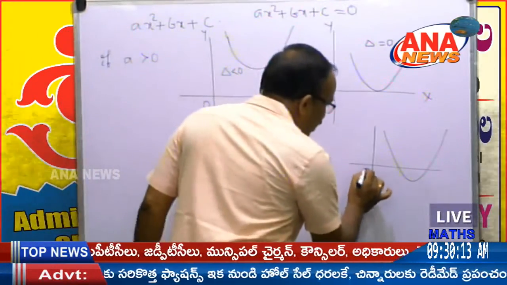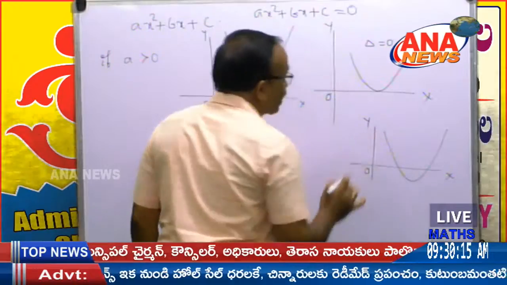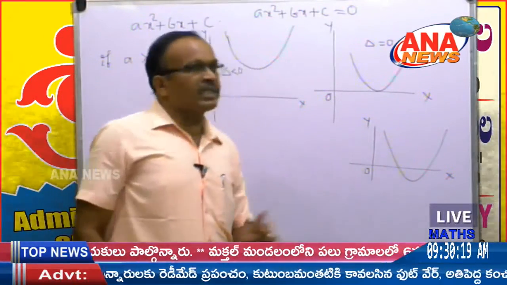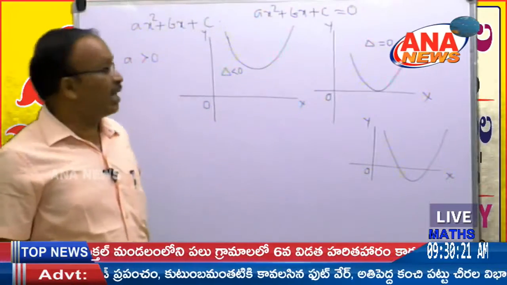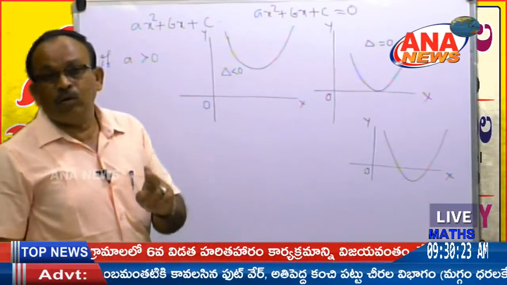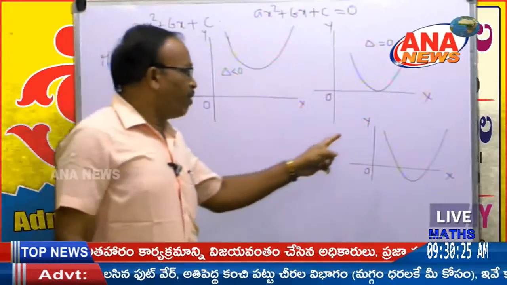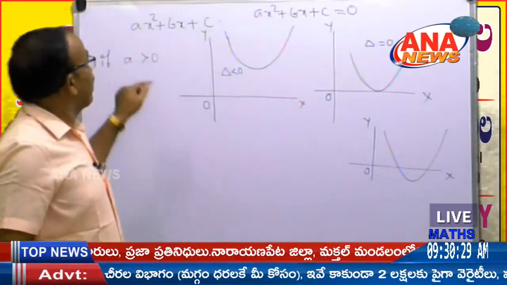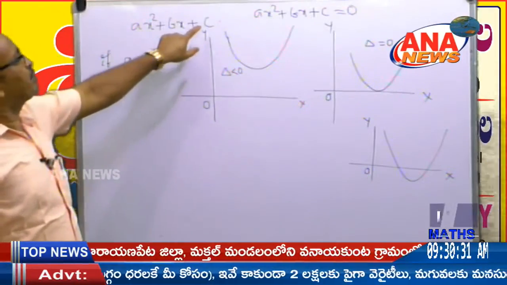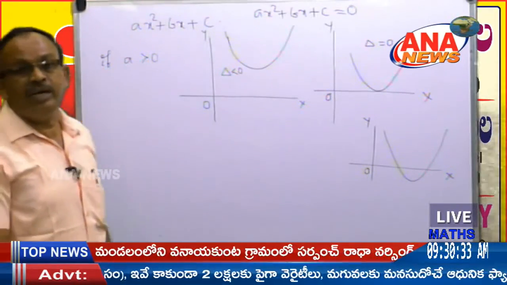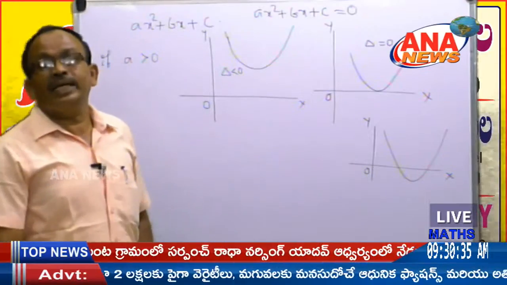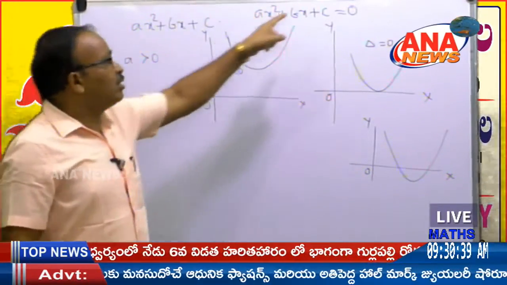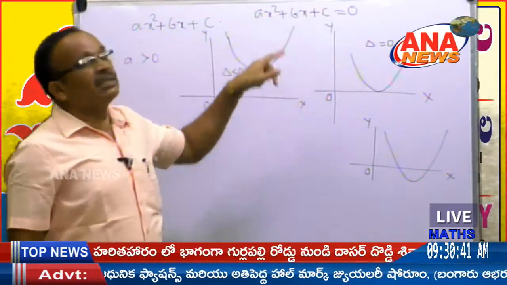Next one. Here origin, x-axis, y-axis. The curve intersects the x-axis in 2 points. That means the y value is 0 at these 2 points. What is y? y is ax square plus bx plus c. If y is 0, the equation has 2 roots.